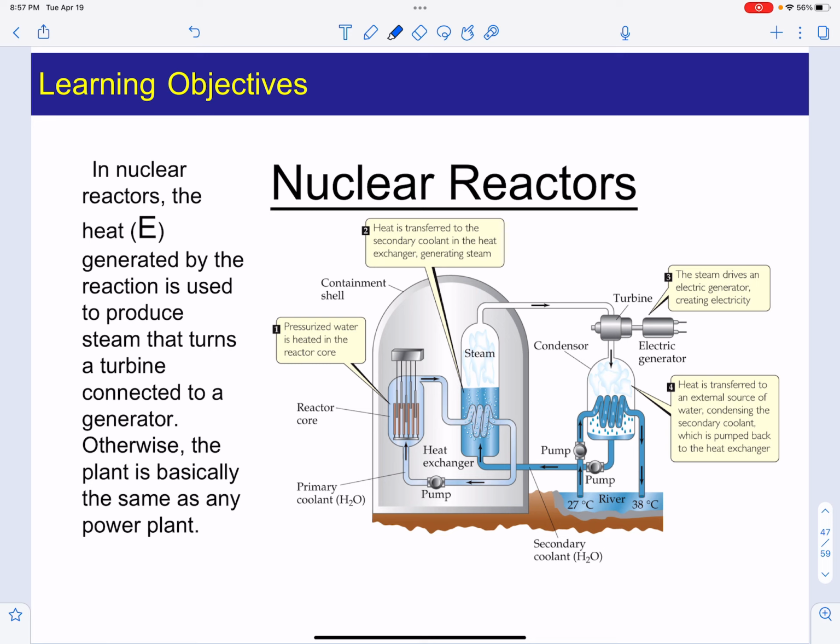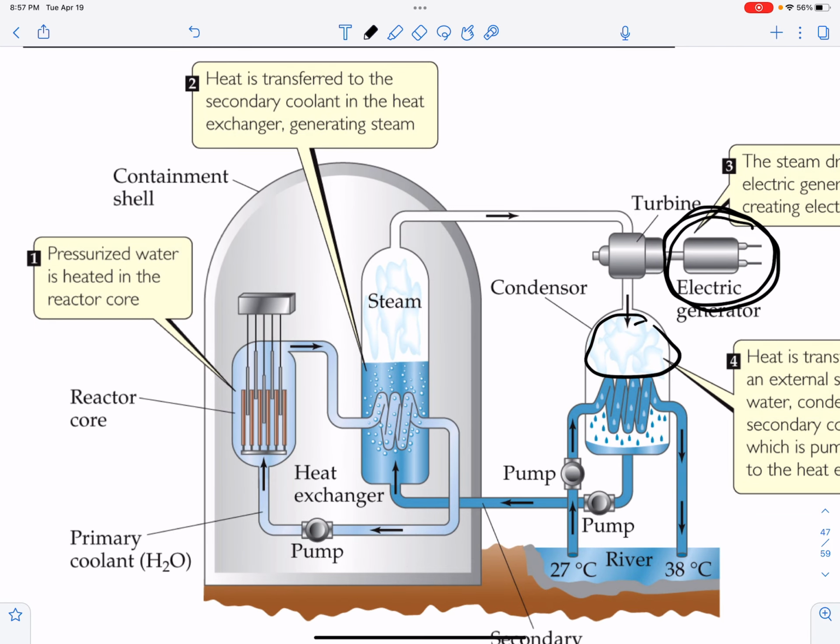step by step. So a nuclear reactor is nothing more than a fancy boiler. The energy that is produced by the electric generator just happens because you are creating steam, and the steam moves the motor in here, it creates electricity. However, to create steam, you have to generate a lot of heat.